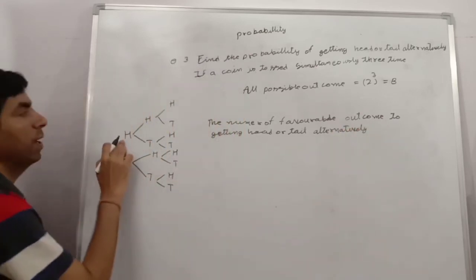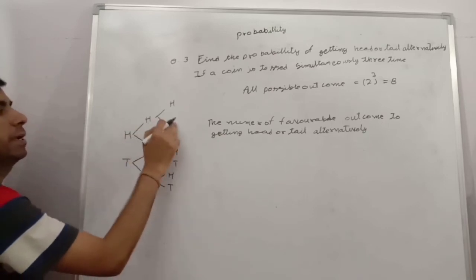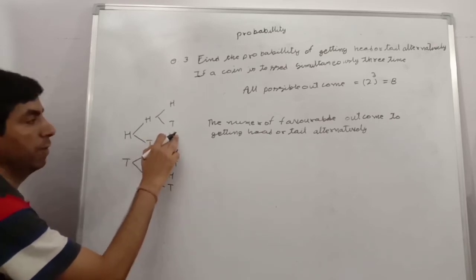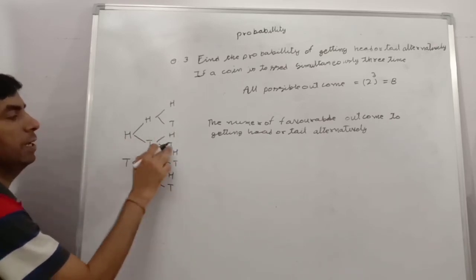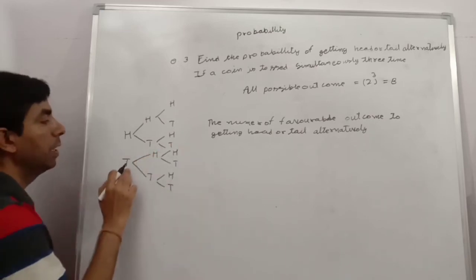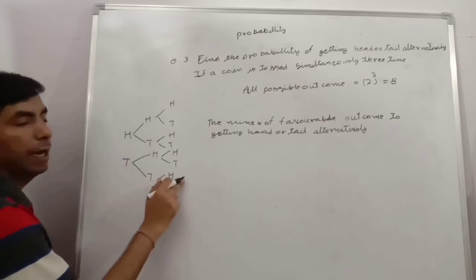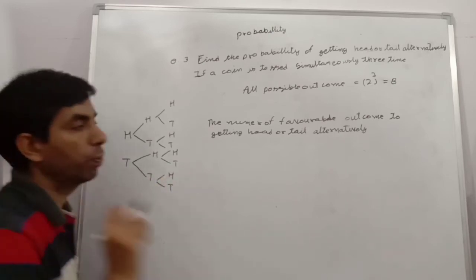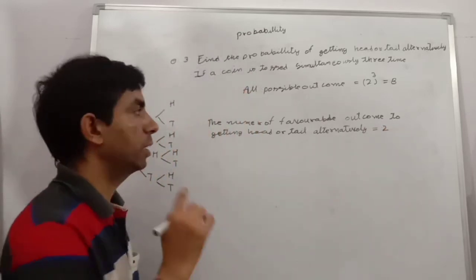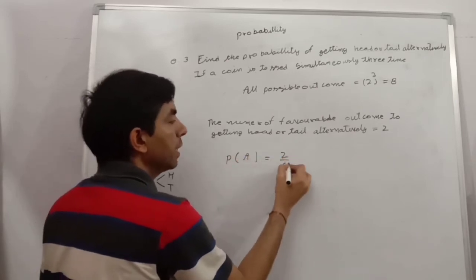Here we check: head, head, head is not possible. Head, head, tail is not possible. Head, tail, head is possible, one time. Head, tail, tail is not possible. Tail, head, head is not possible. Tail, head, tail is possible. So only 2 possibilities where we have alternate head or tail. So the probability we get is 2 upon 8.